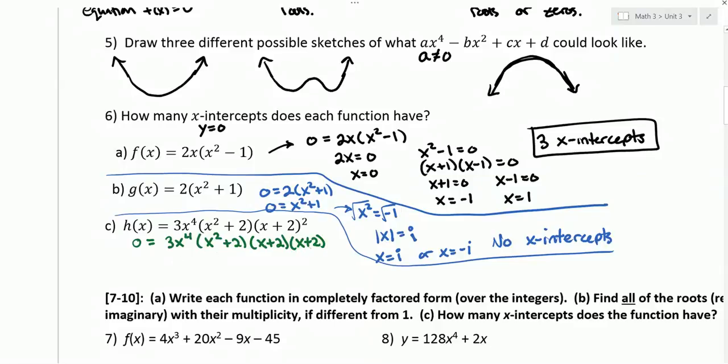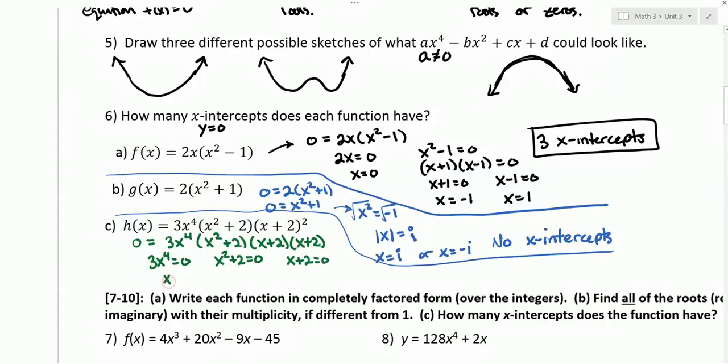So we can take each factor and set it equal to 0. So 3x to the 4th is equal to 0. x squared plus 2 is equal to 0. And then we have 2 of these. I'm just going to write one of them. So x plus 2 is equal to 0.